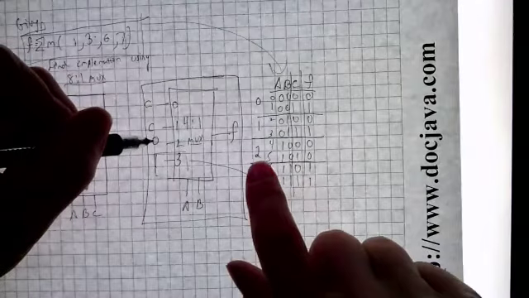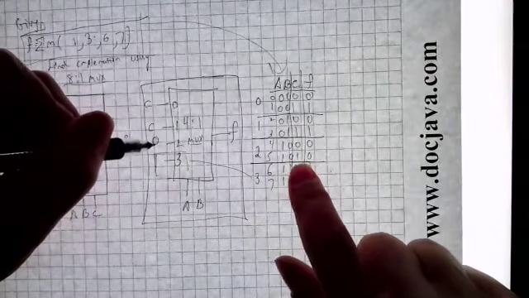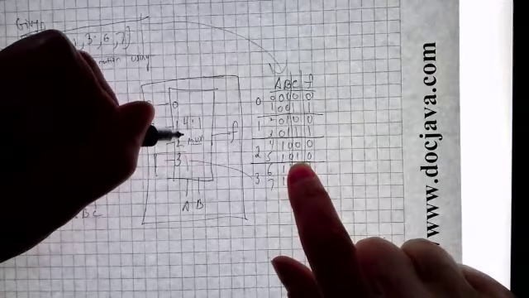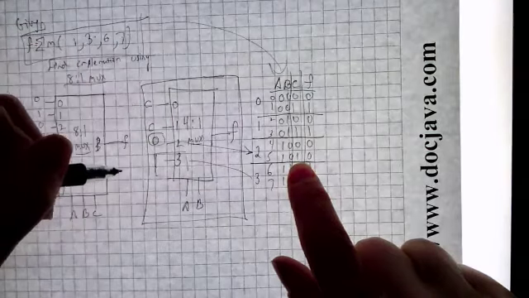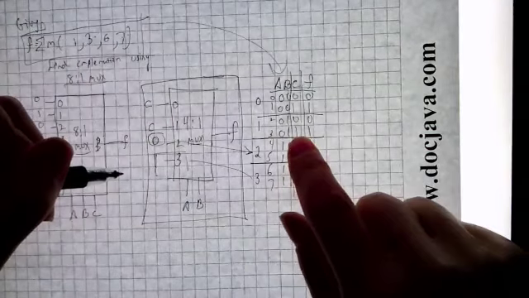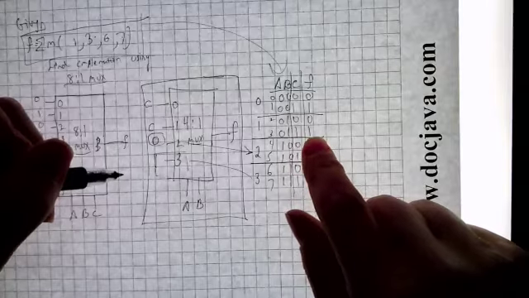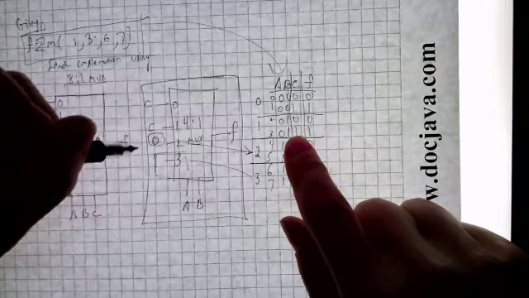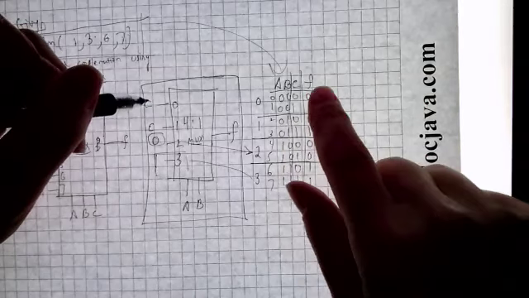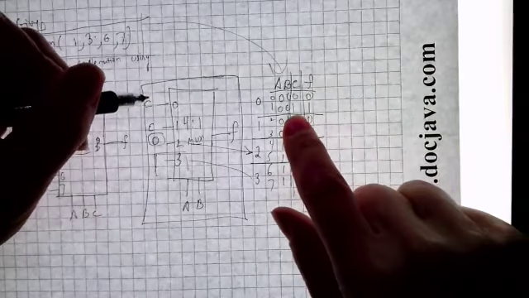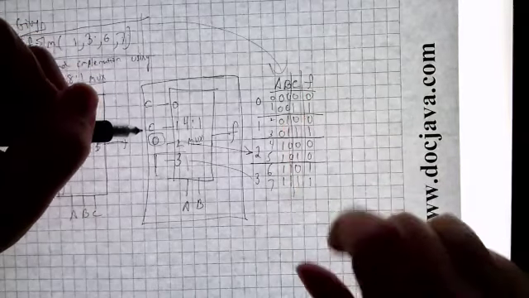Here it says F is going to be 0 no matter what C is. So I put in a 0 for that. Then it says here F is actually changing and it's equal to C. So I put in a C in here. And then it says F is changing and it's equal to C. So I put a C in over here.